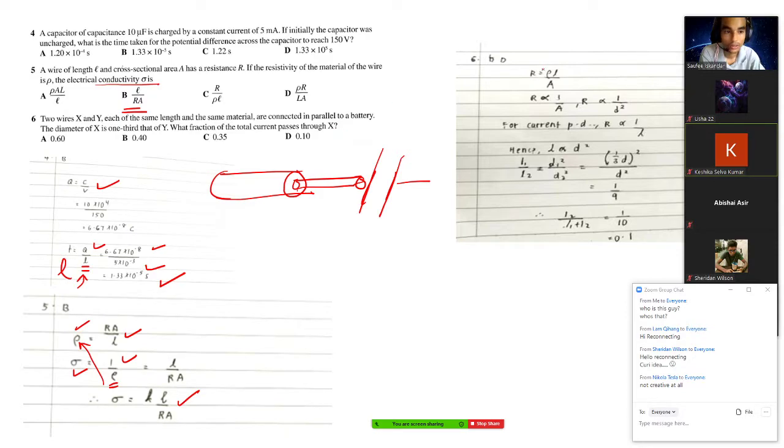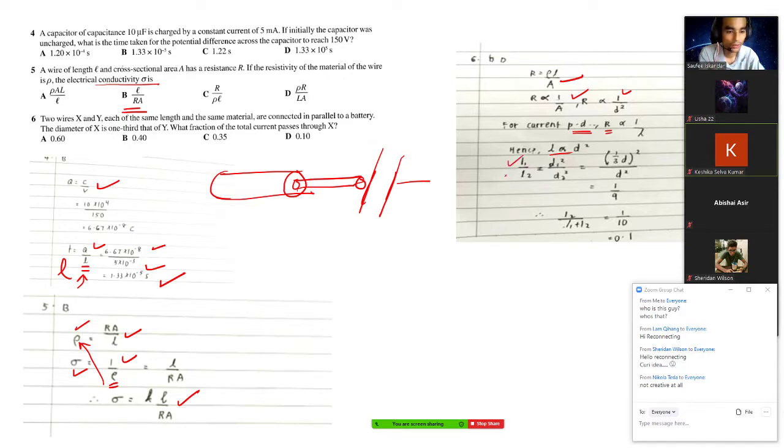Using R equals rho L over A, so R is proportional to 1 over A, which is 1 over D over 2 squared. For the same potential difference, current is proportional to 1 over R, hence I is directly proportional to D squared.